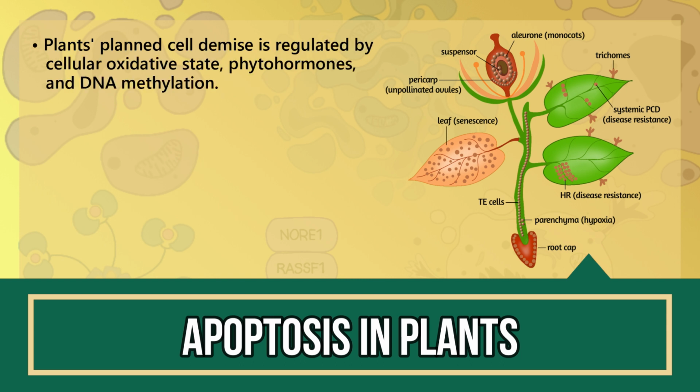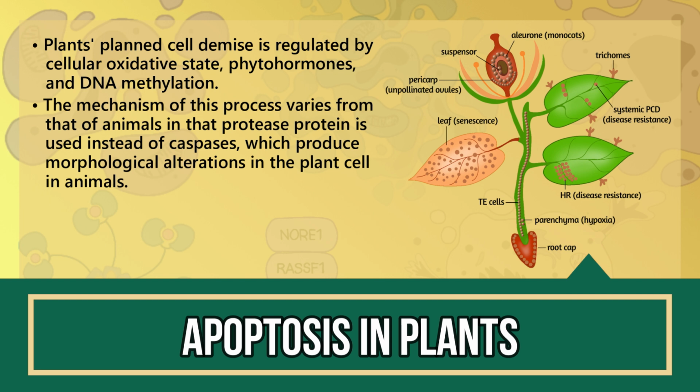Plant cell death is regulated by cellular oxidative state, phytohormones, and DNA methylation. The mechanism of this process varies from that of animals in that proteases are used instead of caspases, which produce morphological alterations in the cell in animals.